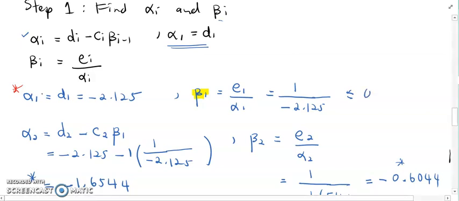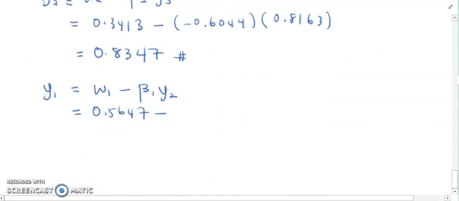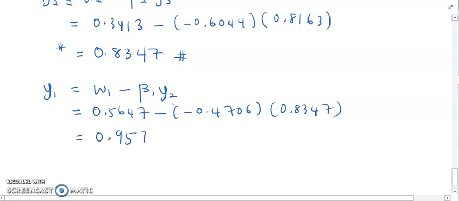This one is supposed to be negative 0.4706. So beta 1 is negative 0.4706, times y2. So y2 is this, 0.8347. And the final answer for y1 is 0.9575.